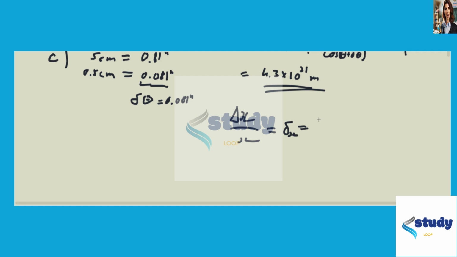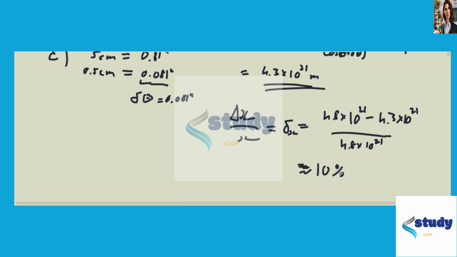And so we're going to say that this is 4.8 times 10 to the 21 minus 4.3 times 10 to the 21 divided by 4.8 times 10 to the 21. If you work this out, this works out to be approximately 10%.